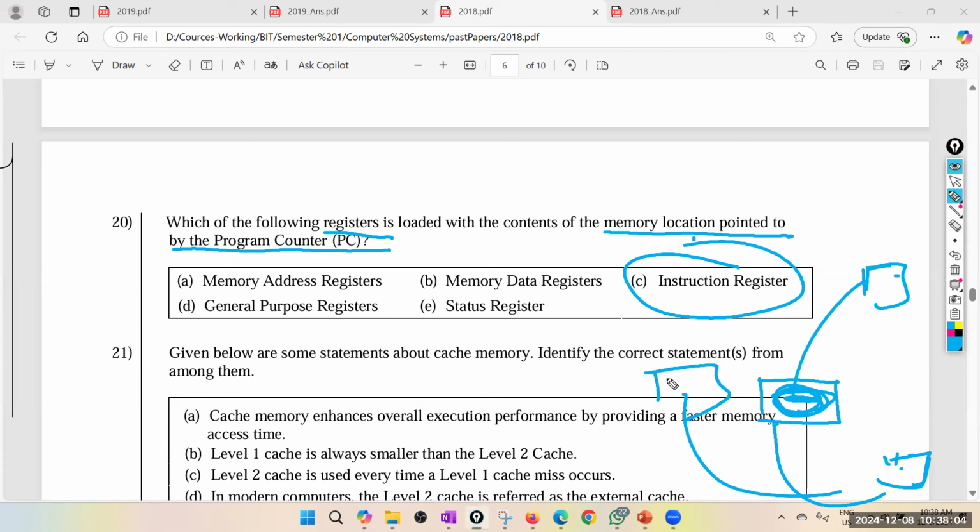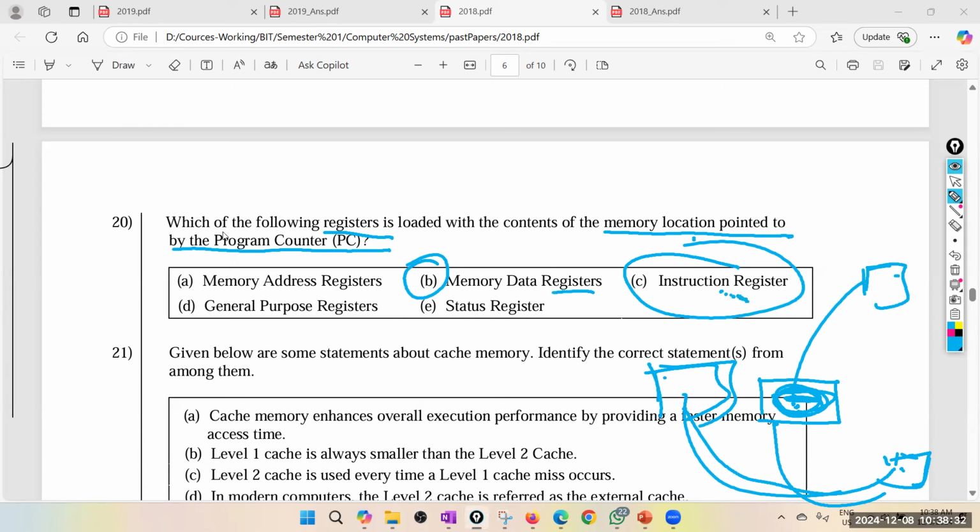I don't know whether they will count both. I can't do anything about that; I can't think the way the examiner thinks. But the content of this address will be in the memory data register intermediately, and then it will be loaded to the instruction register. So for me, both B and C are correct, because this is also a register, but ultimately it will be in the instruction register.